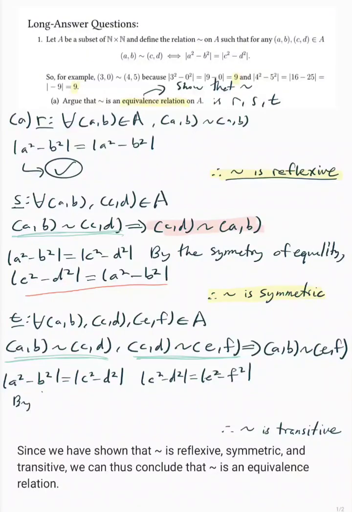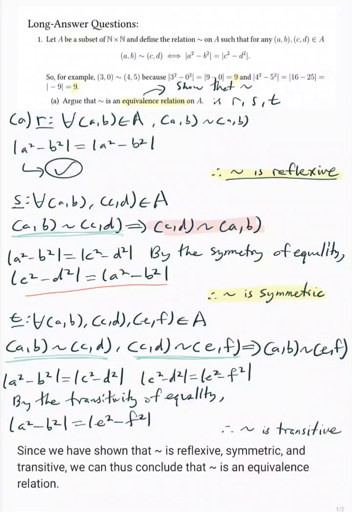Now if we apply the transitivity of equality, we can see that it must hold true that the absolute value of a squared minus b squared is equivalent to the absolute value of e squared minus f squared. And now, once again, see that this is exactly what we were trying to show in order to prove transitivity. Therefore, we can conclude that tilde is transitive.